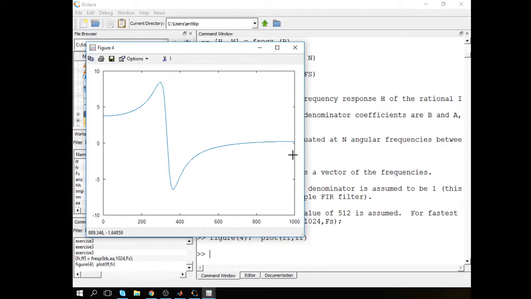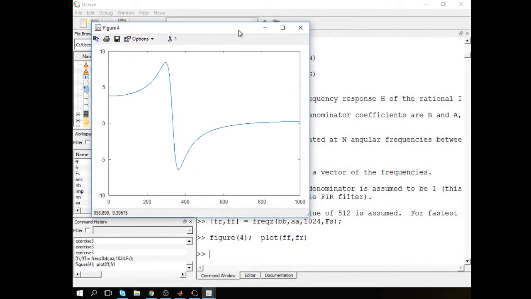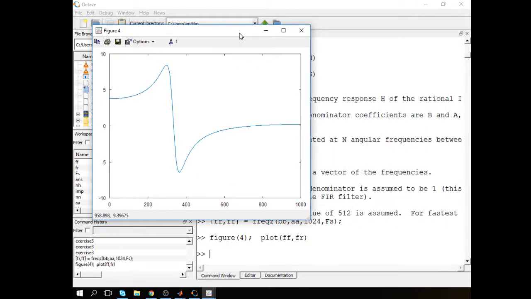Ah, okay. What? Ah, of course. It's the real value. This is a complex number. So this is the real part of the frequency response.